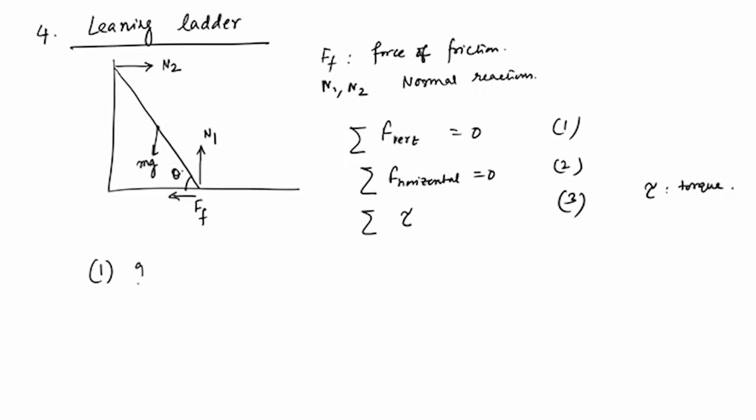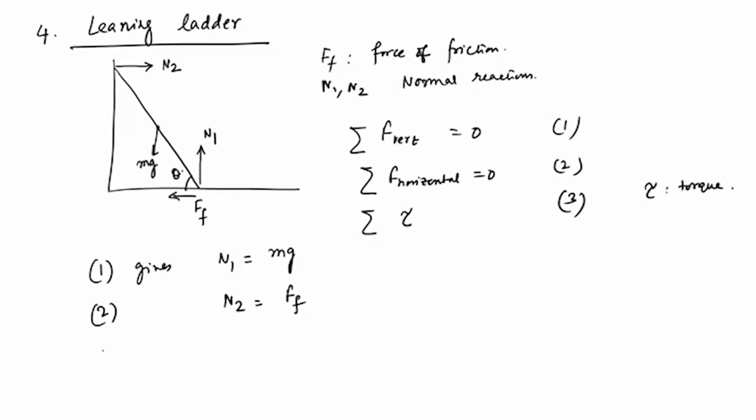So 1 gives N1 equal to mg. That is the only vertical forces acting, N1 upward and mg downward. 2 gives N2 equal to F. N2 is acting towards the right, and F, the force of friction, is acting towards the left.